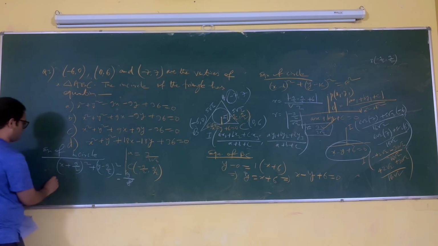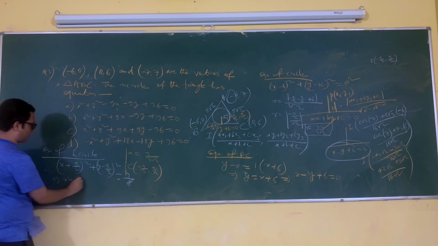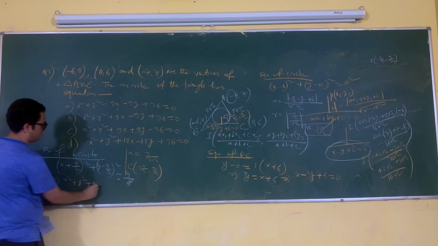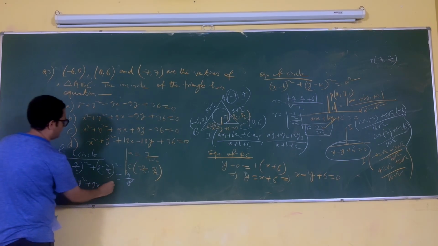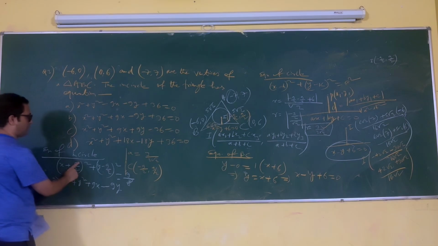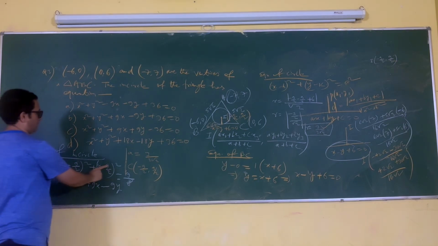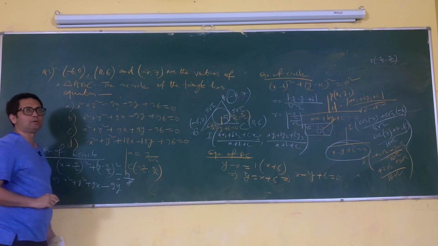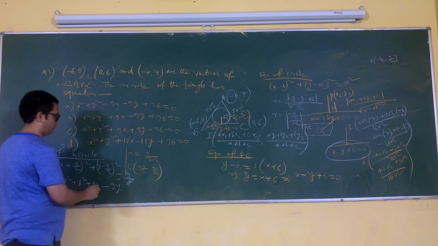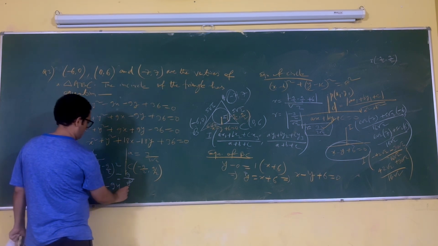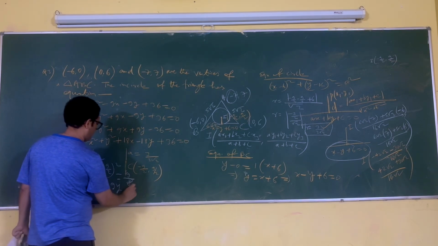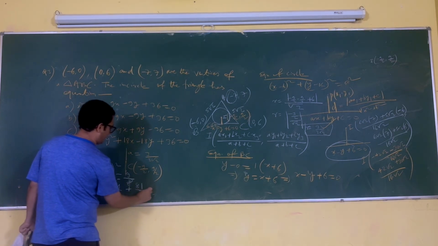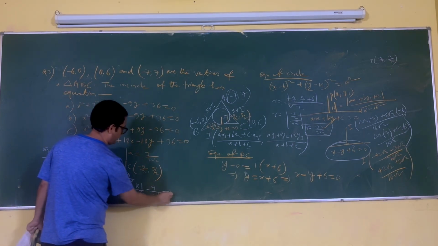So here x square plus y square plus 9x minus 9y, and then 81 upon 4 plus 81 upon 4, so it will be 81 upon 2. So it will be 81 upon 2 minus 9 by 8 is equal to 0.